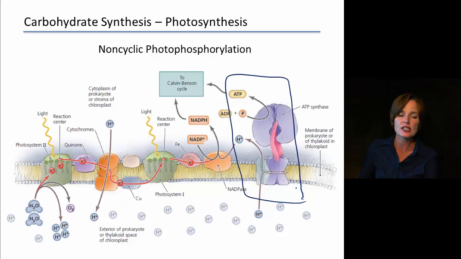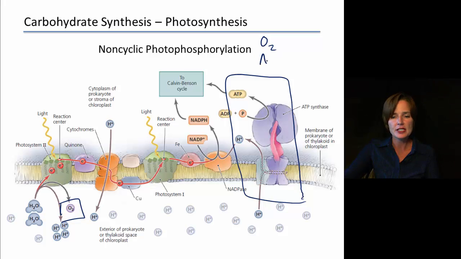But the big difference that we have here is that water molecules, shown down here, are going to be broken open to collect some electrons. And when they are broken open and the electrons are collected, we get this very important product of photosynthesis, which is oxygen. So the non-cyclic photophosphorylation is going to make some oxygen, which will go back to the atmosphere.